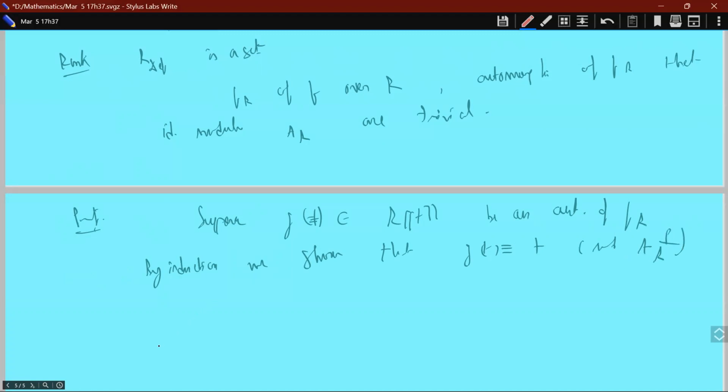So the base case is trivial, right? So I'm not getting into it. Like if n is equal to 1, then dt is equal to t, right? So this is the induction hypothesis.